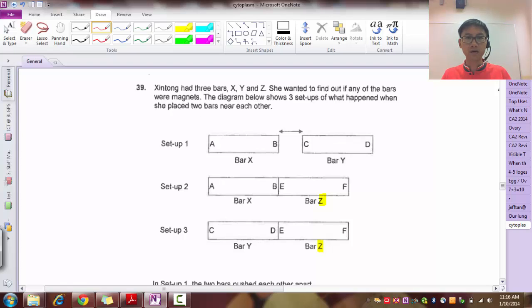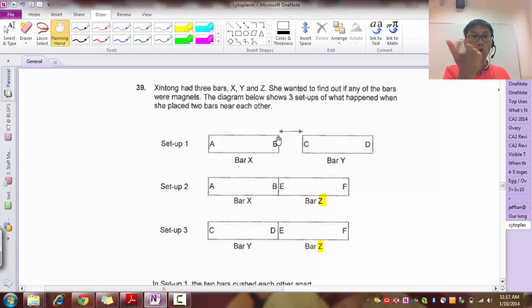So let's investigate further. Let's look at X and Y. Now remember, if it repels, it means it's definitely a magnet. So if we can prove that it doesn't repel, then it's definitely not a magnet. You get what I'm trying to say? If it doesn't repel, that means this bar will never repel a magnet, so this bar must be a magnetic material.